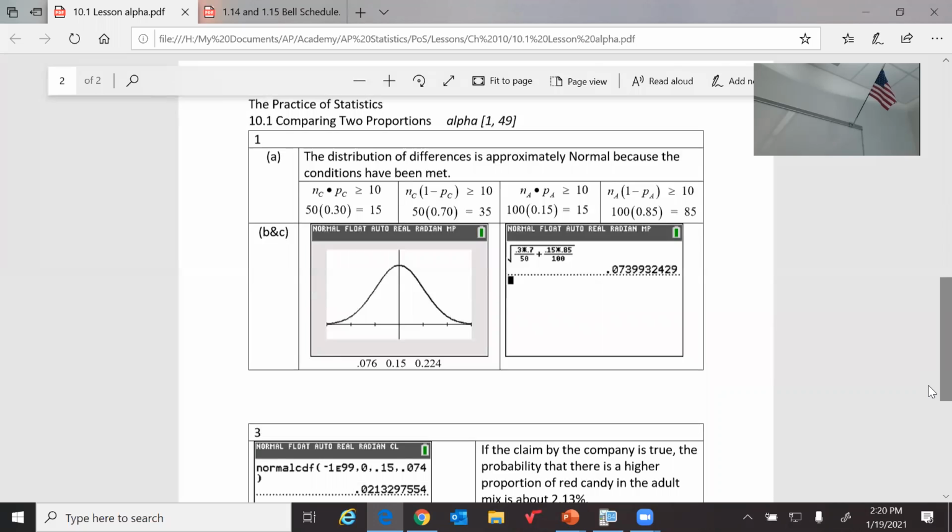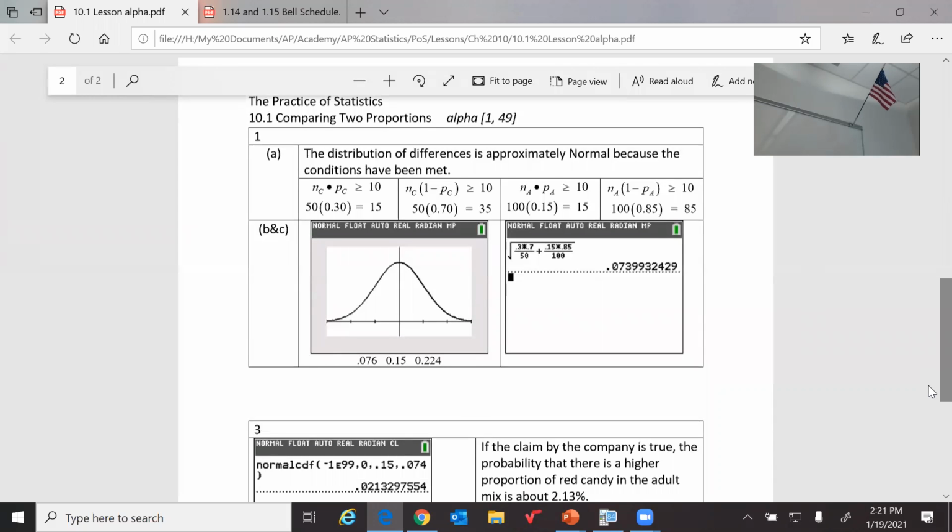That's what's in the center. 30% take away 15% is 15%. And what's the step? The step is about 7.4%. Where are we getting that? First variance plus the second variance, square root of that. So I counted out 7.4% to the right, 7.4% to the left.